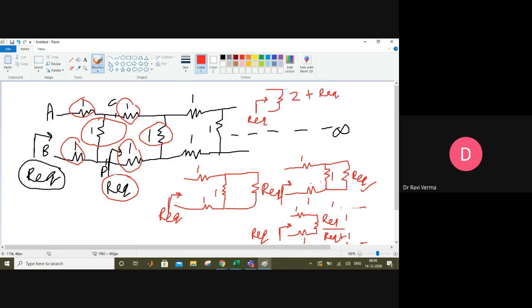Please ask. Okay. So 2 plus R equivalent into R equivalent plus 1 will be equal to R equivalent. So write this equation for both. Copy paste.